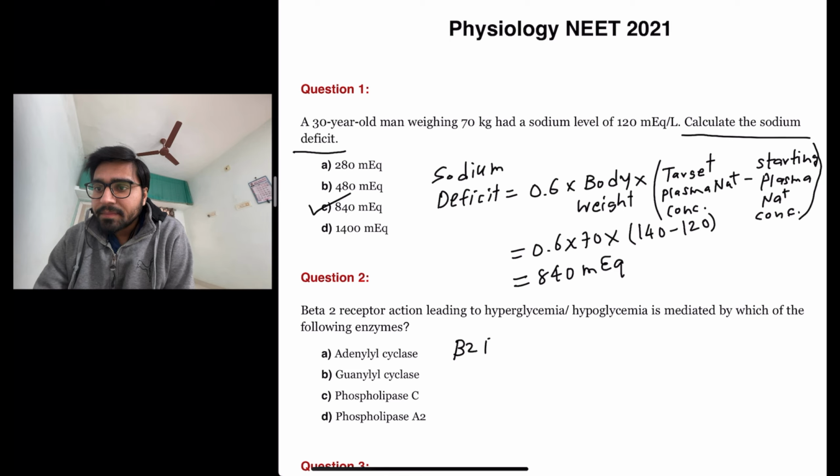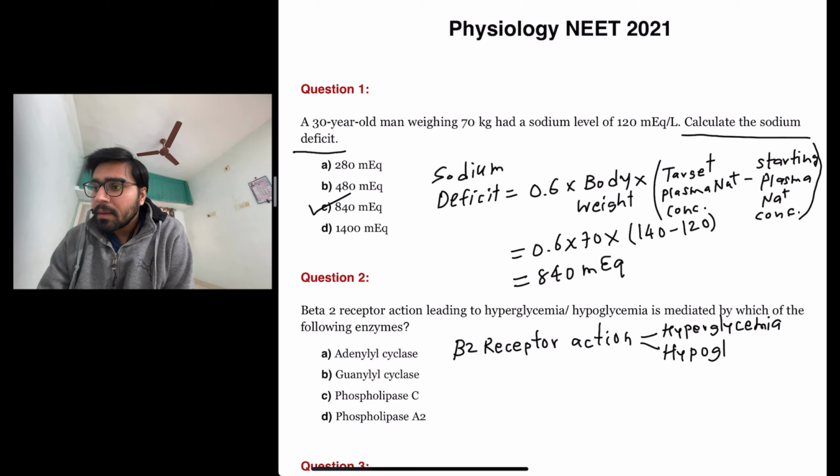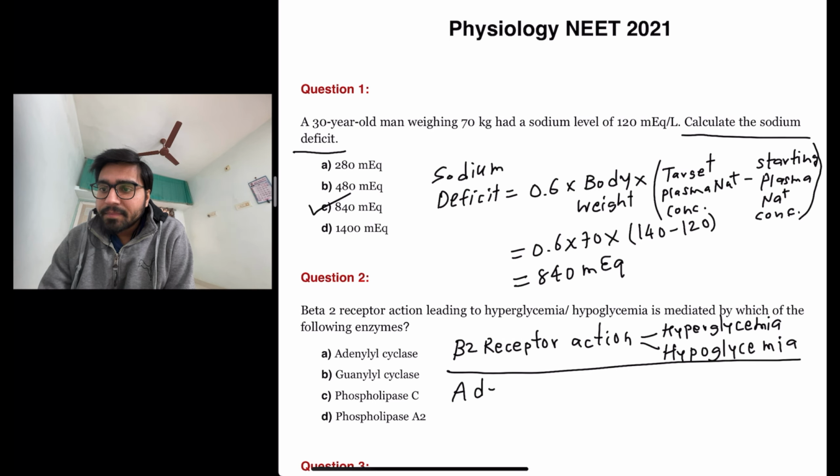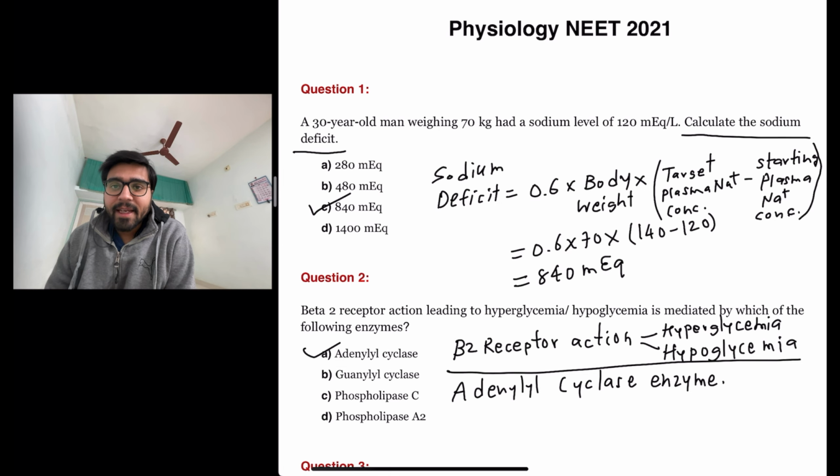Beta 2 receptor action leading to hyperglycemia or hypoglycemia is mediated by adenylyl cyclase enzyme, because catecholamines act through beta 2 receptors and they use the adenylyl cyclase cyclic AMP secondary messenger system to stimulate target tissues. So the answer here is A, adenylyl cyclase.